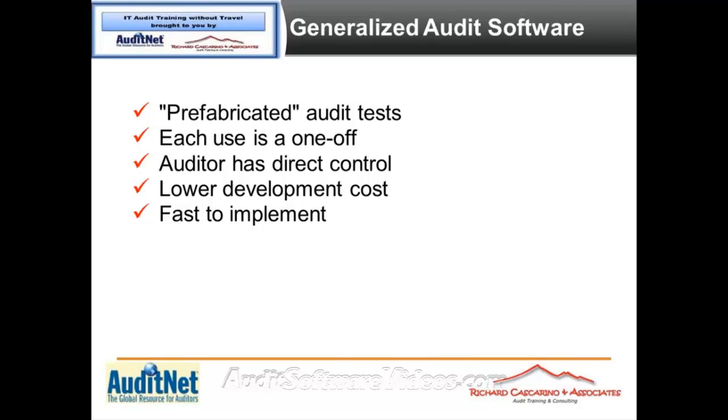Those are not there in ACL, and they're not there in IDEA, and they're not there in most of the generalized audit software that you can buy out there. For that, I'm going to have to go and buy specialized software for interrogation statistically.